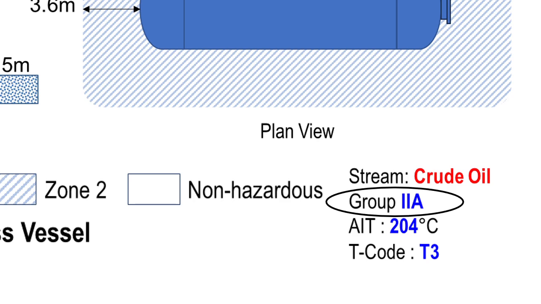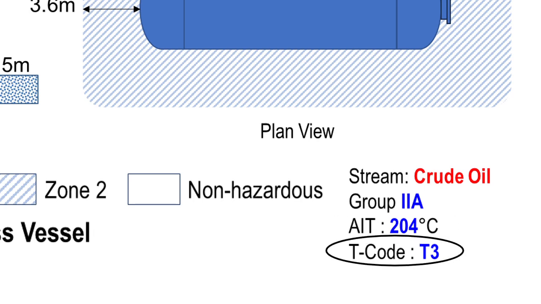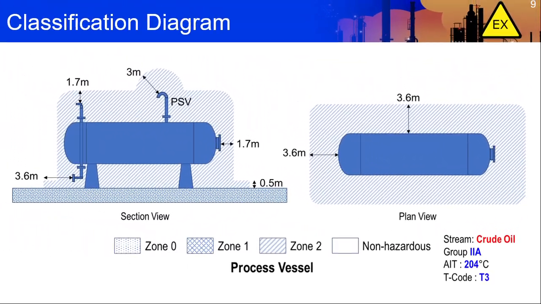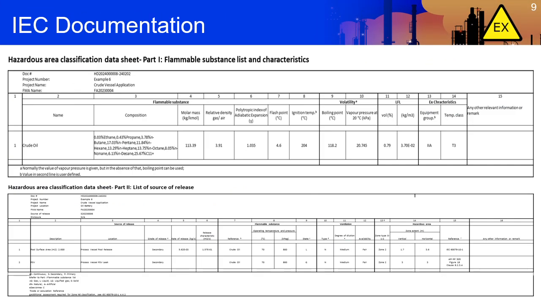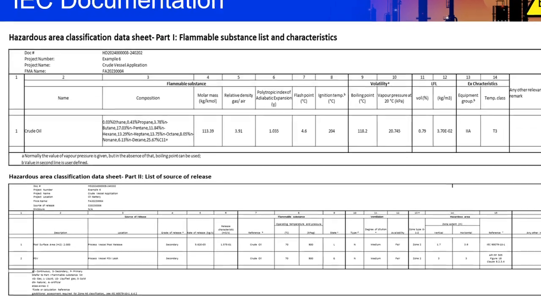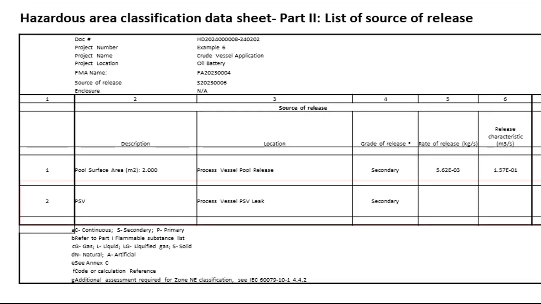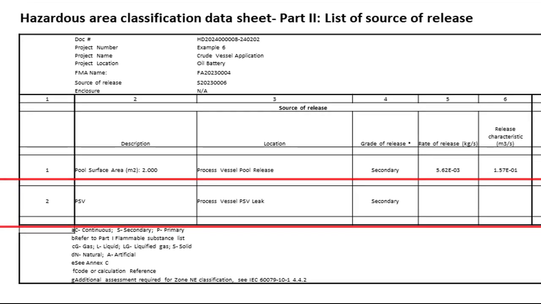A group classification of 2A, with an auto-ignition temperature of 204 degrees Celsius, corresponding to a temperature code of T3, would complete our classification design. Using the IEC tabular format to document our assessment, we can include the reference to API for the classification of our PSV, as shown.